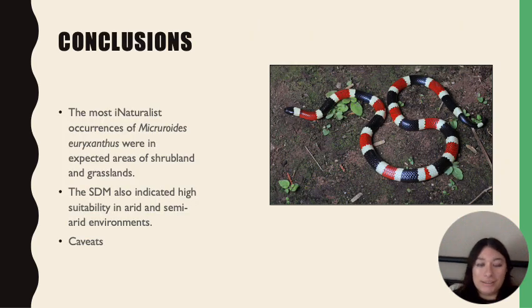Overall, the most occurrences found from iNaturalist did occur in those shrublands and grasslands, those expected areas, and the species distribution model also showed that there was high suitability in those arid and semi-arid environments, which was also expected. I will say there were a few caveats to this study, time being one of them.